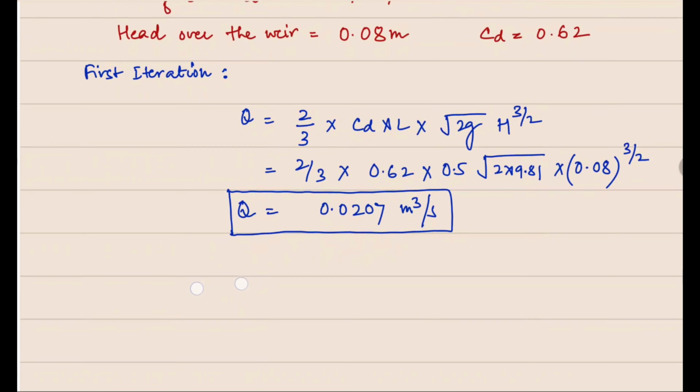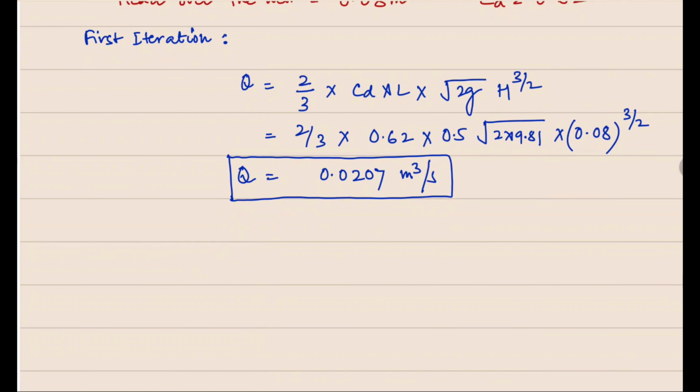Now once we have this particular Q value, we will estimate the velocity of approach. So our second iteration we'll start; first of all we will figure out what is the VA.